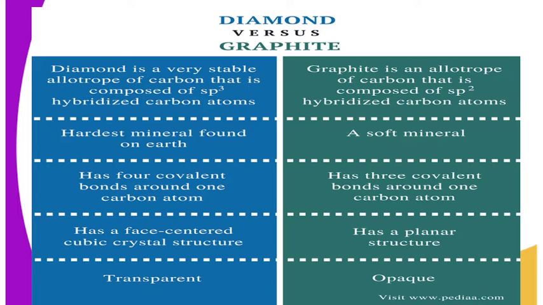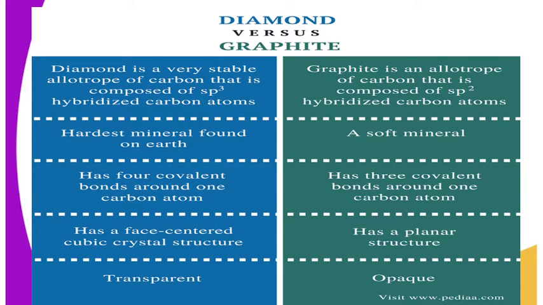It is one of the hardest naturally occurring substances due to the uniformity of covalent bonds between the atoms throughout the structure. Diamond has a giant atomic structure in which each carbon atom is bonded to 4 other carbon atoms arranged in a regular tetrahedral shape.